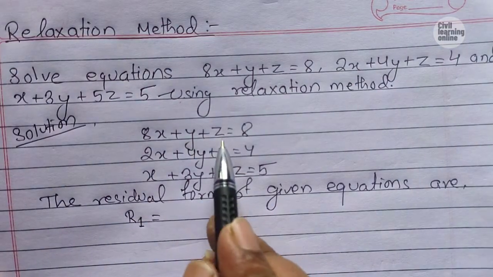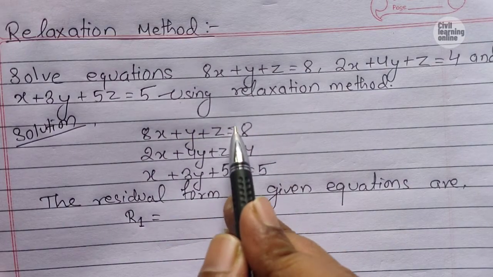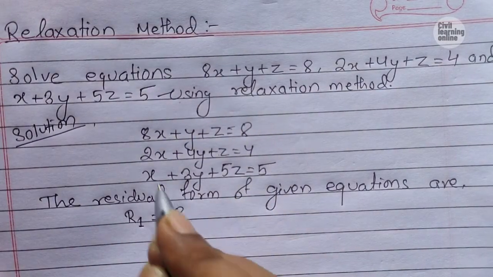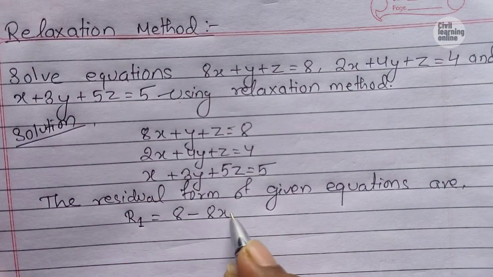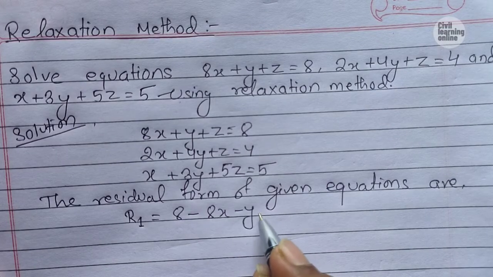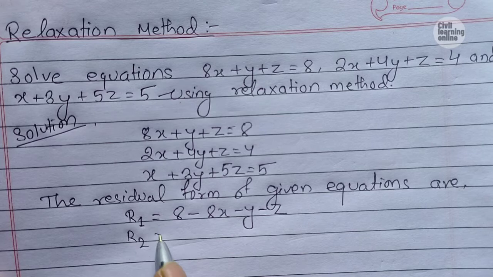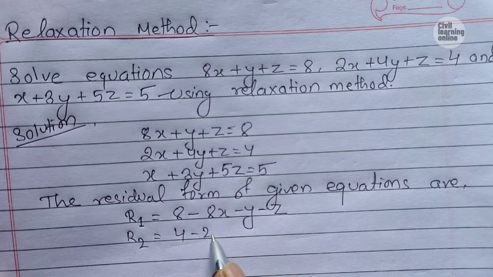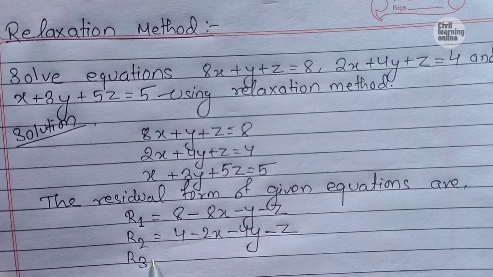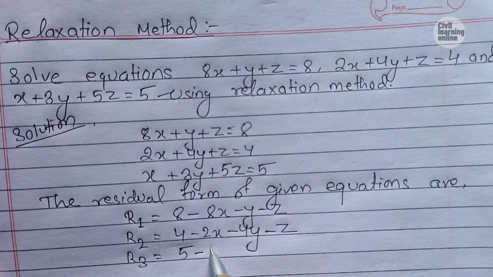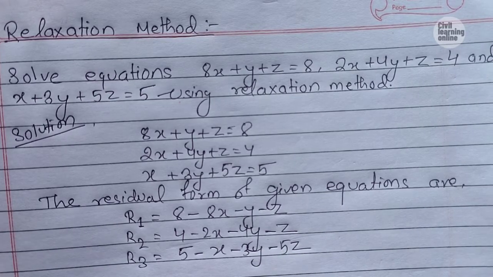Now we have to bring all the terms to the other side of the equal sign. So we will have 8, and the positive 8x will be negative 8x, and positive y will be minus y. Similarly, positive z will be negative z. Again, r2 we will have 4 minus 2x minus 4y minus z. Similarly, r3 will be equal to 5 minus x minus 3y minus 5z.